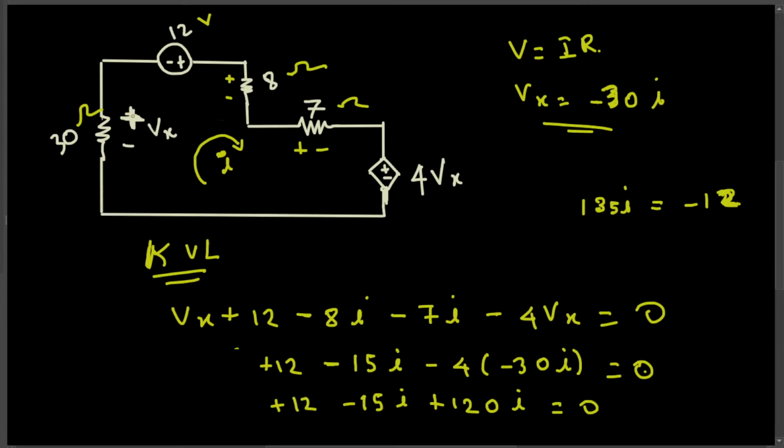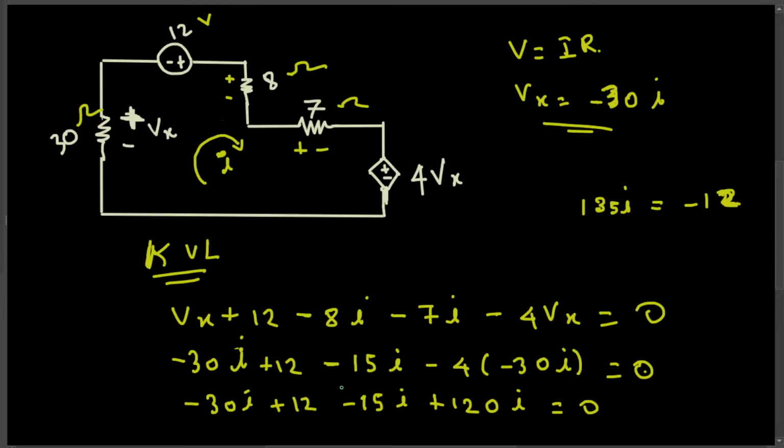Because there's a voltage drop. Yeah, minus 30I. So now we have to plug this minus 30I right here. This is actually a minus. Okay, so here we have minus 30I.